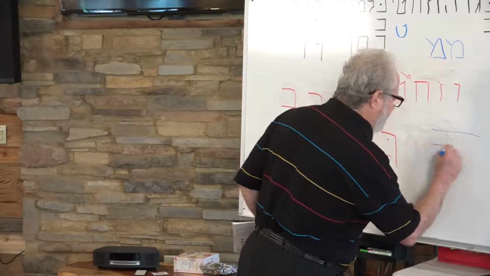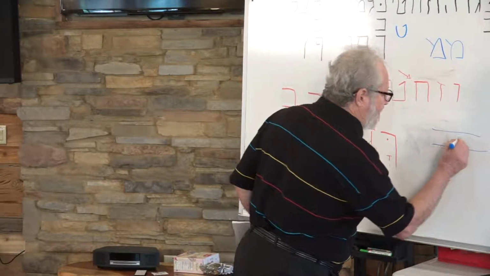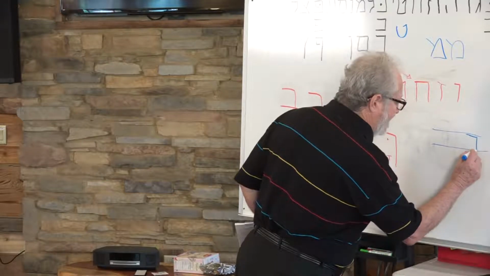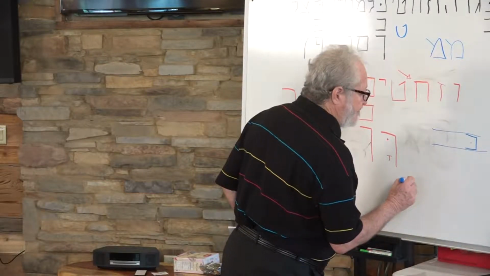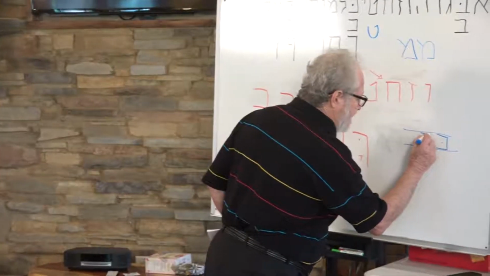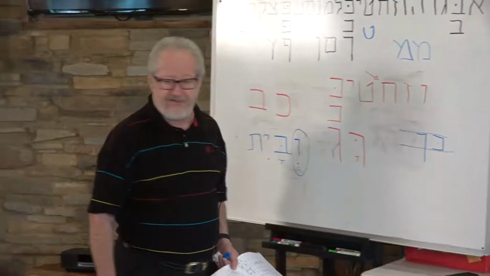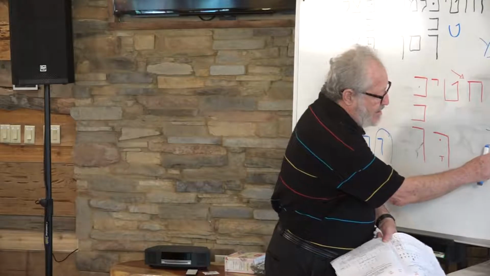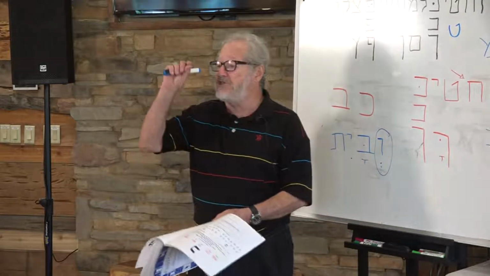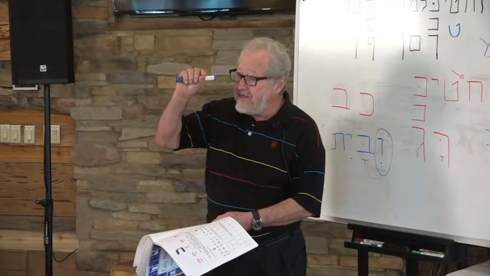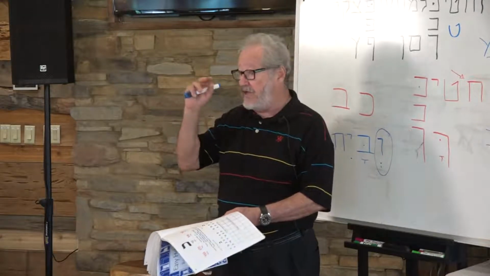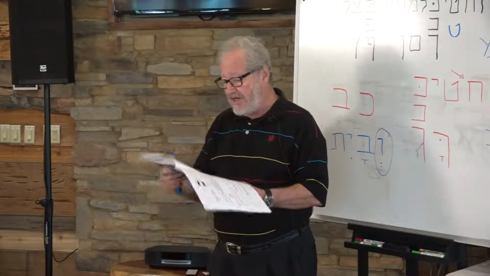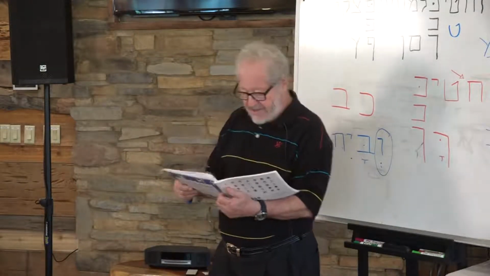That's the indicator that it's a final form. Here is not a final form kaf, and here is the final form kaf, the kaf sofit, below the line. Now I exaggerate a little bit. Sometimes it's just touching the line. That's a sofit, if the other letters don't quite touch the line. So it depends on where you're reading it.